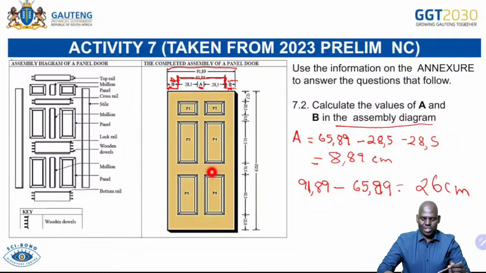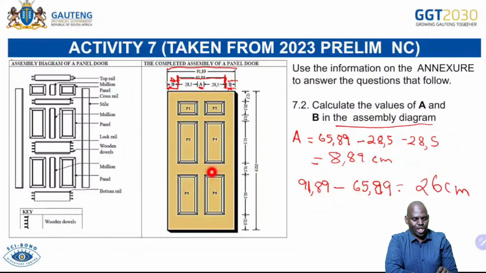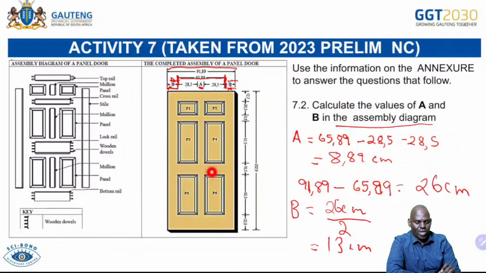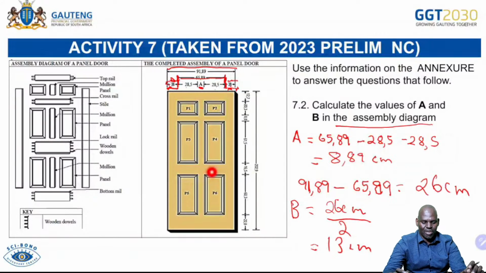But remember, this 26 centimeters is now for the two spaces, for that B and the other B. So I must divide them equally. The value of B will be 26 centimeters divided by 2, which is 13. So this will be 13, and this one will also be 13. Then you will see that 13 plus 65.89 plus 13 must give you 91.89. So that is how we are supposed to find the value of B.